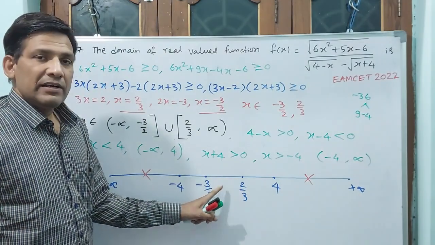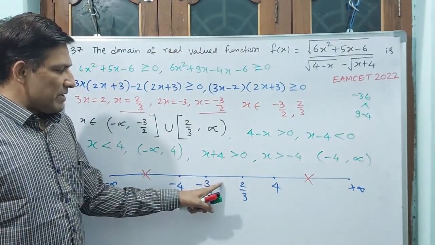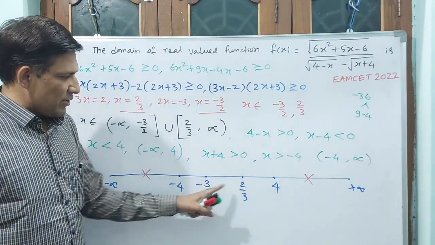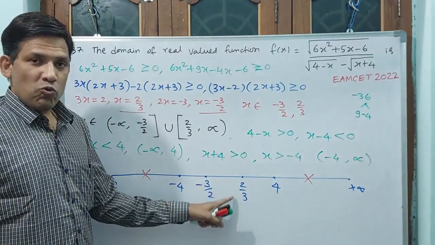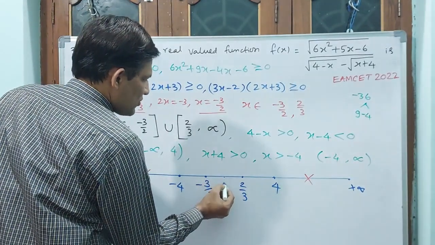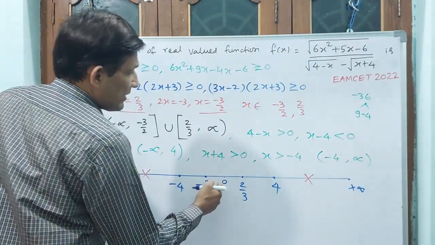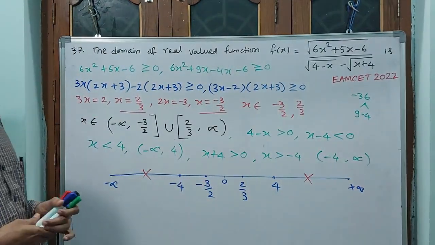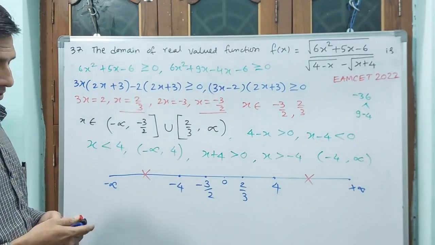Let us see this interval in between. Between minus 3 by 2, which is minus 1.5, and 2 by 3, only 0 will come, but 0 is not written there. That is why I am not writing 0. Can you give 0 there? You cannot give 0.